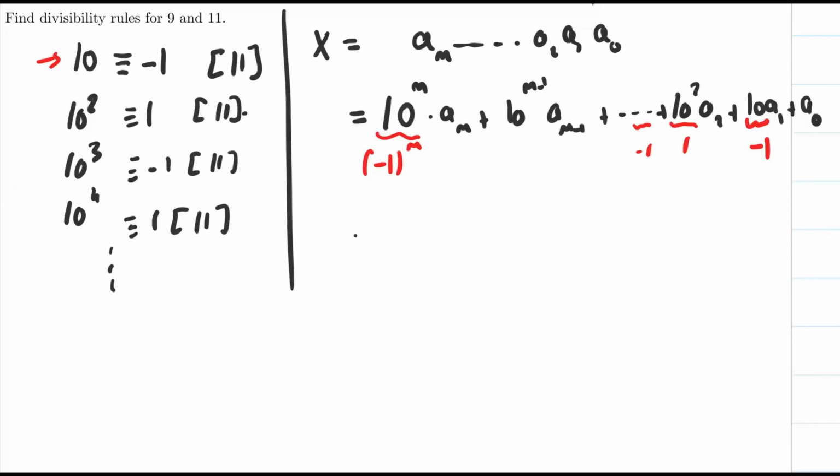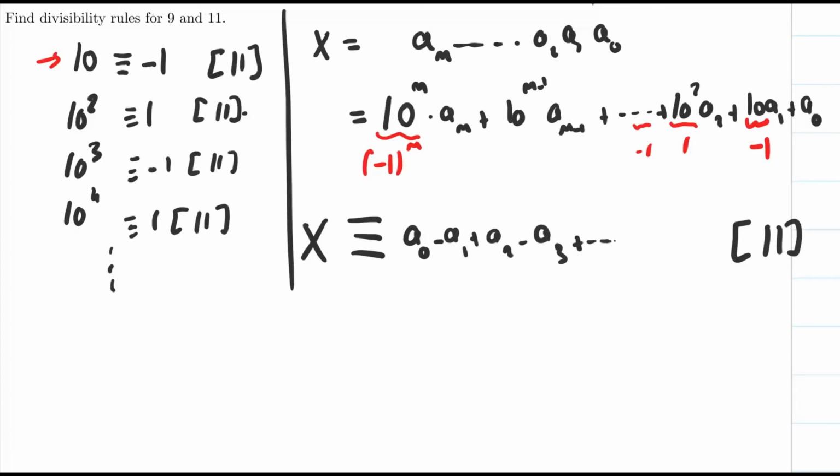So when I reduce this modulo 11, x will be congruent to a0 minus a1 plus a2 minus a3, etc. The last term is negative 1 to the power n times an. So here you don't take the sum of the digits, you take just the alternating sum.